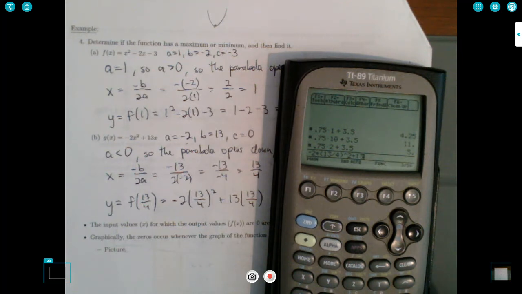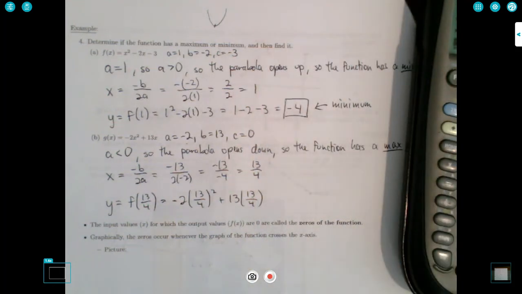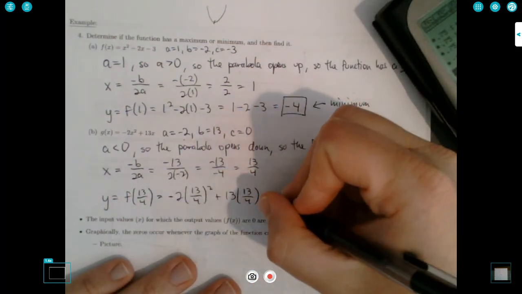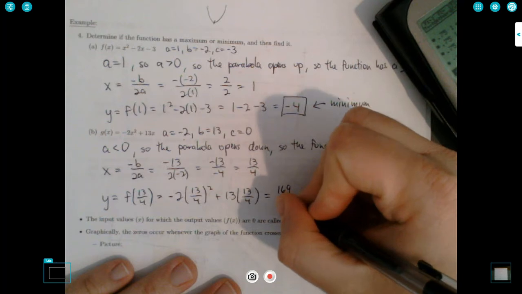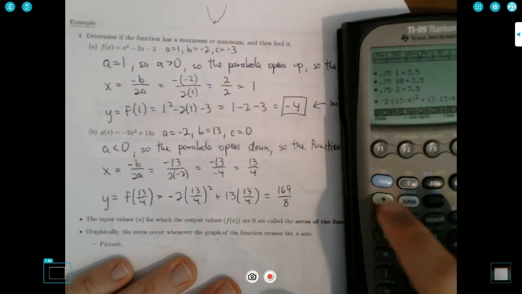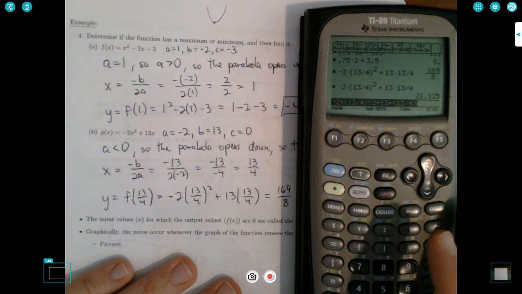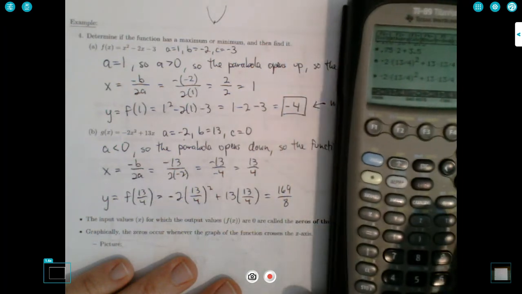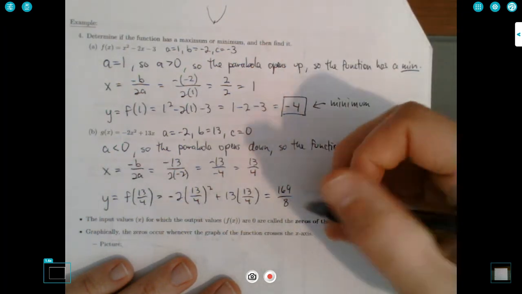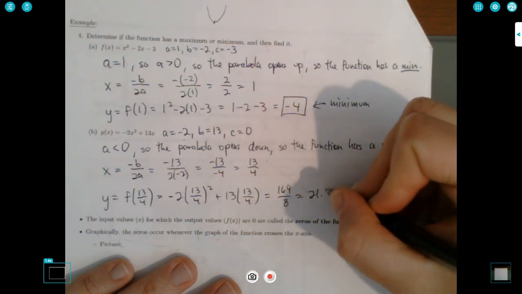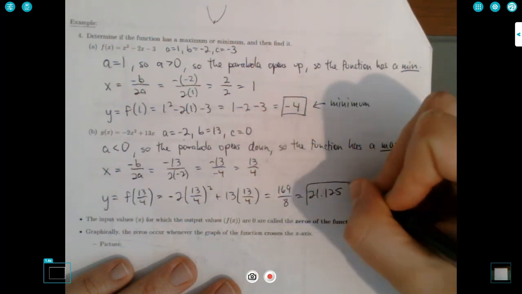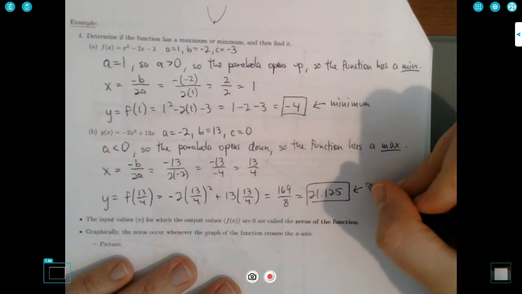I get 169 over 8. You could change that into a decimal. You'll have to learn how to use your calculator to do that, but it's exactly equal to 21.125. Okay, so there's the maximum.